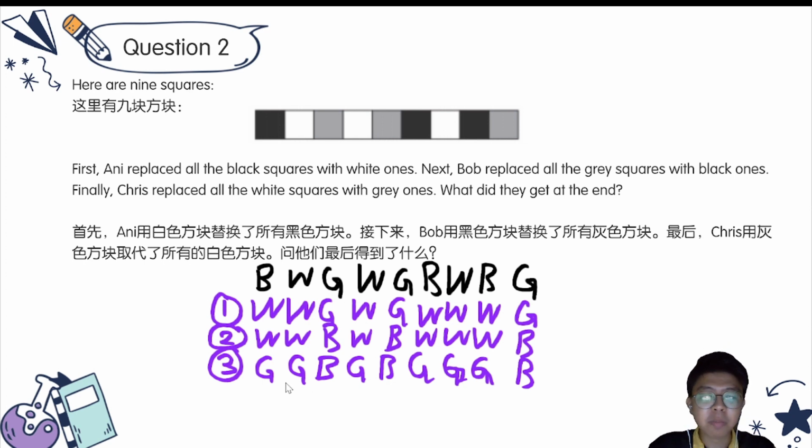Followed by the color names here, you can choose directly from the options, where the answer is actually number E. Okay, so it's gray, gray, black, gray, black, gray, gray, gray, and black. So for these questions, you need to label first by using this kind of method. It's a step-by-step question, not a one-step question, okay?